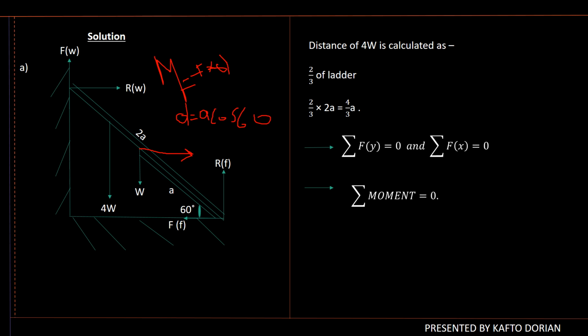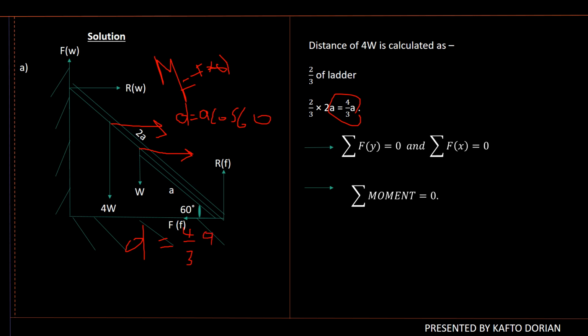For the man it's just the same thing. It has a vertical force, so you need a horizontal perpendicular distance. The distance covered by the man to the ground is 4/3 a.